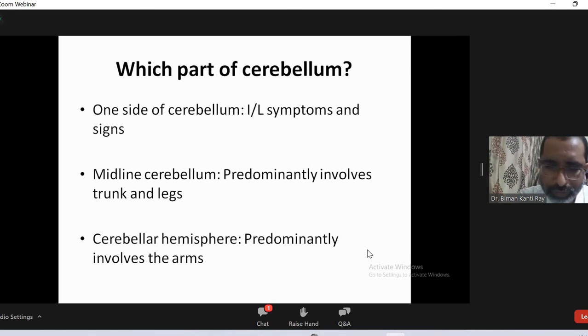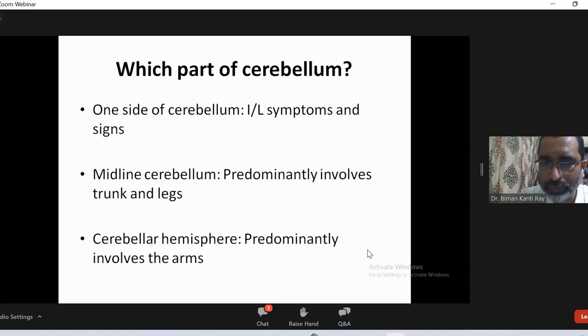Now, first try to concentrate on the cerebellar part itself. Now, in the very beginning of my presentation, I told there are different parts of cerebellum. So you have already established there is cerebellar problem. Then your next question in your mind will be, which part of the cerebellum?